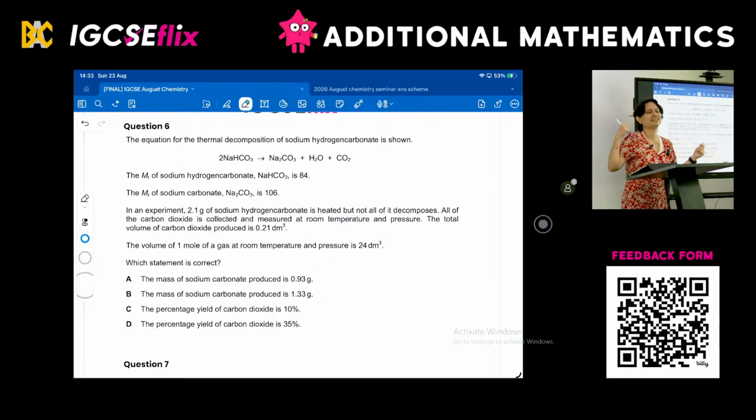Anybody? What did you get? Try again. Close. I know why you got that answer. First, calculate the percentage yield. Percentage yield can also use volume.